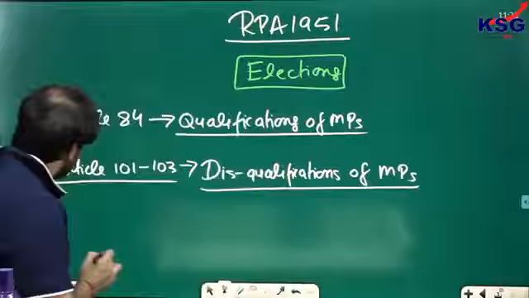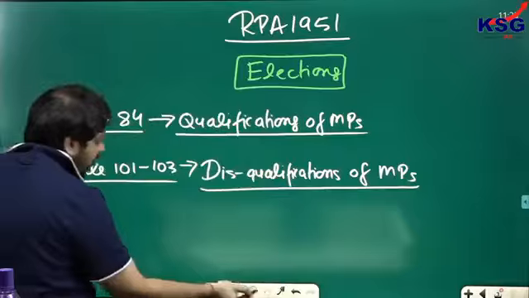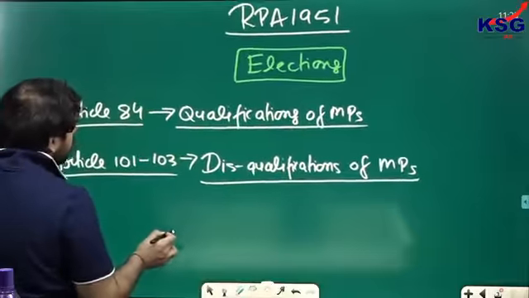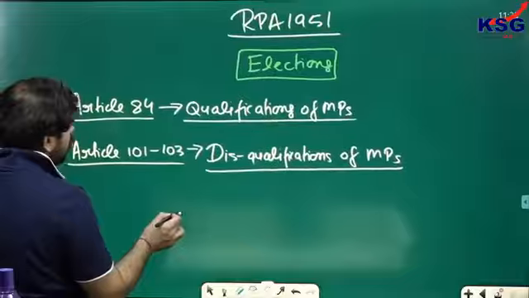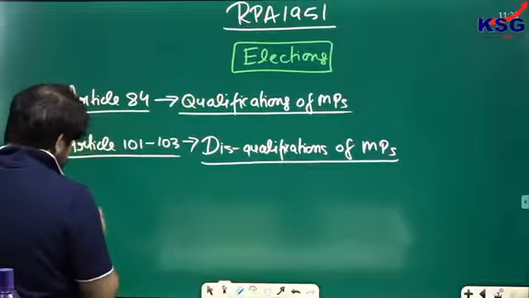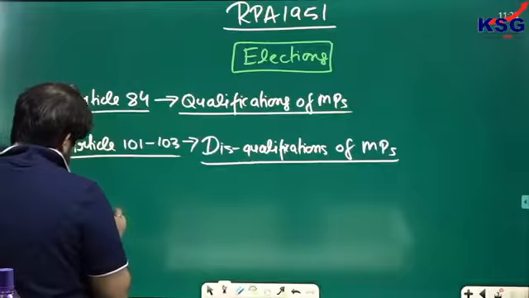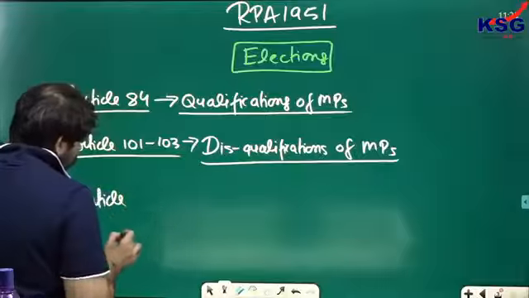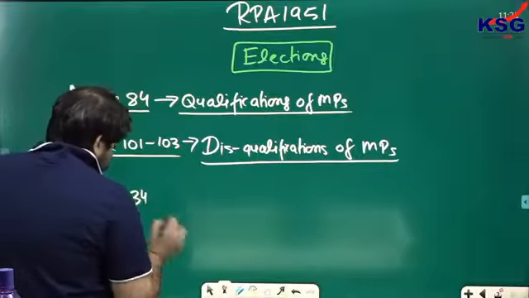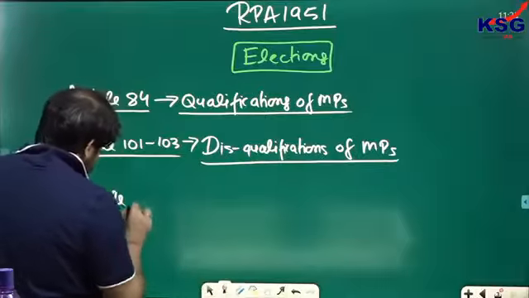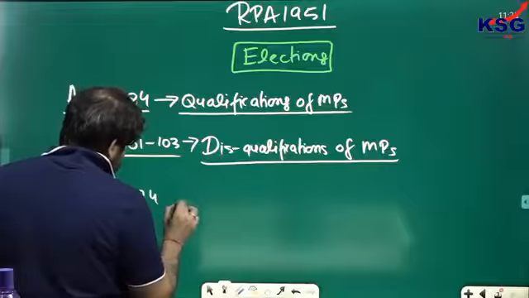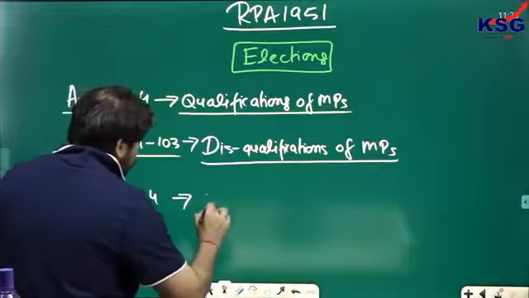Okay. And then we have Article 324, which talks about the Election Commission.